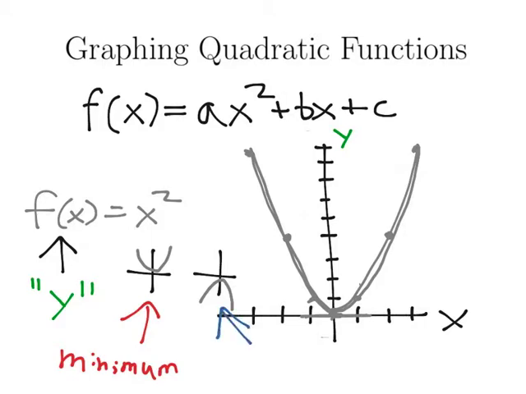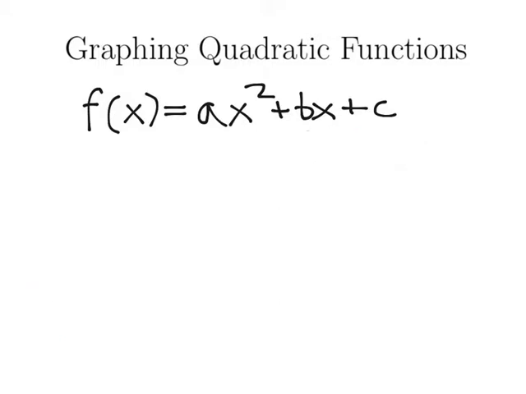In that case, this is going to be a maximum, because there's a highest value that y can be. Y can be as high as, in that case, also 0, but it can be extremely negative. It can go as far negative as you want it to. So it has no minimum. Just like in red, there is no maximum. It just goes as large as you want it to.